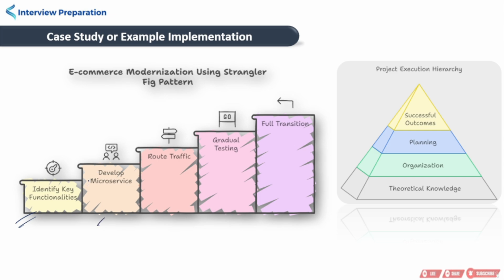A new microservice can be developed for the catalog while the existing system continues to handle the order and the payments. Now, traffic can be routed to the new services, allowing gradual testing and validation. This is how we migrate the legacy application using Strangler Fig Pattern.